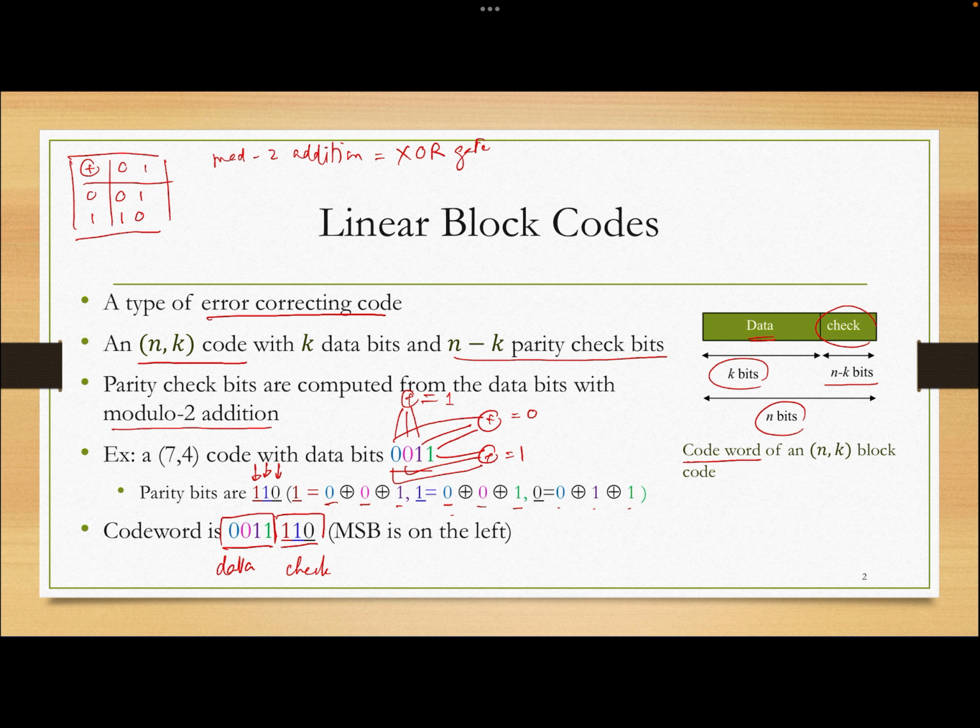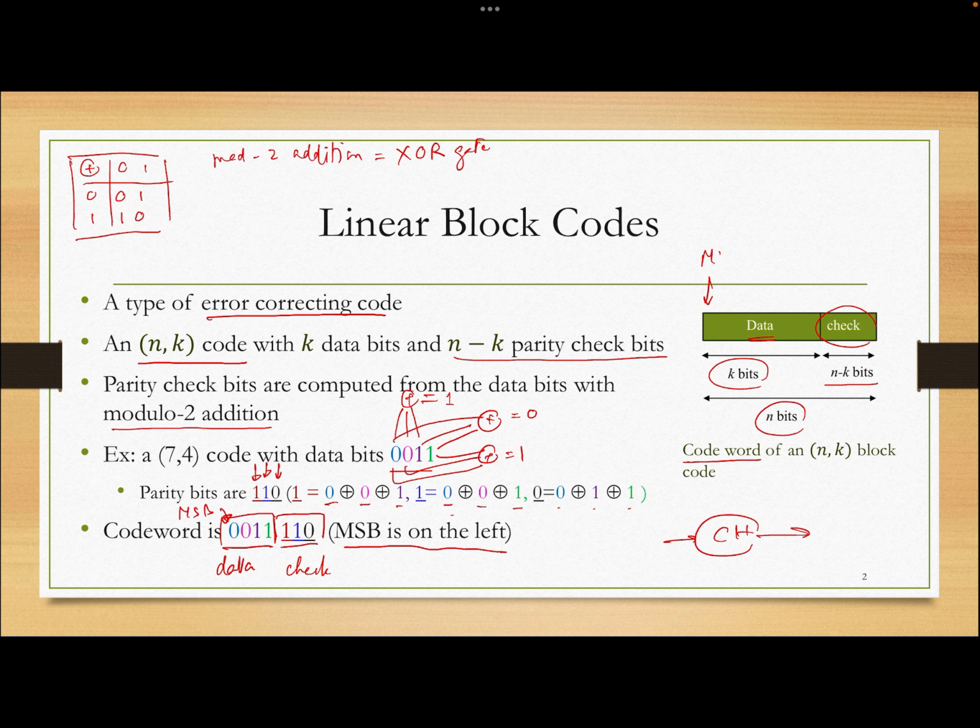I note here that the most significant bit is on the left. The most significant bit means the most important digit, which is this one, the MSB. Why do I have to note this? Because when you send into the channel, you send the most significant bit first.